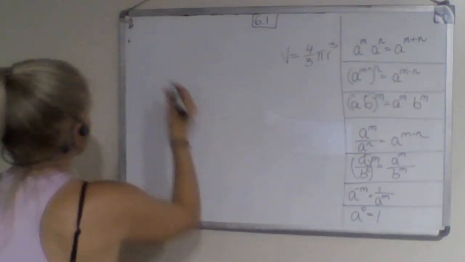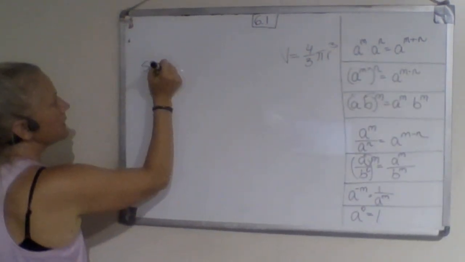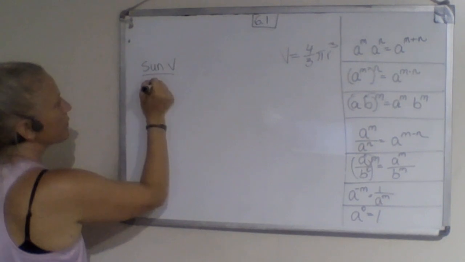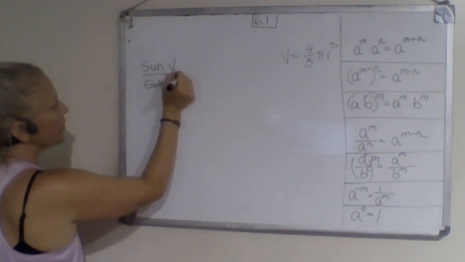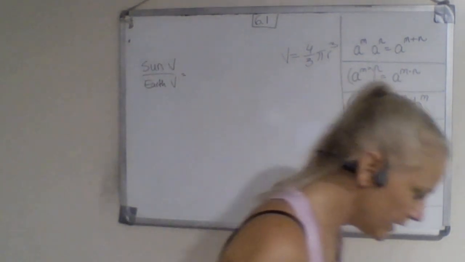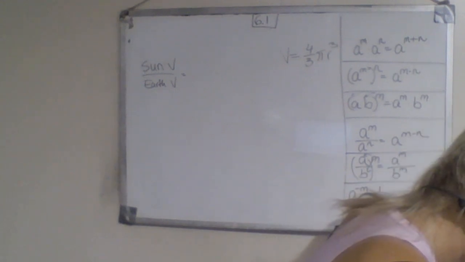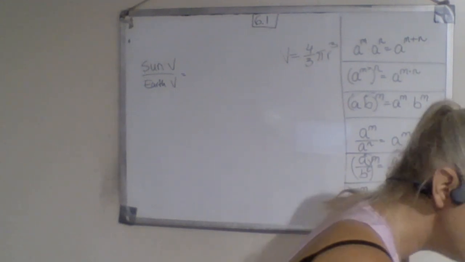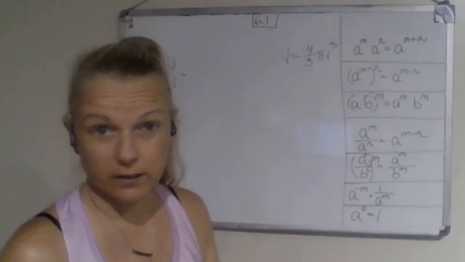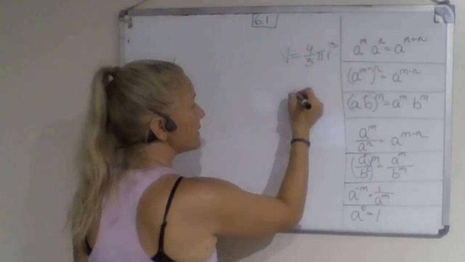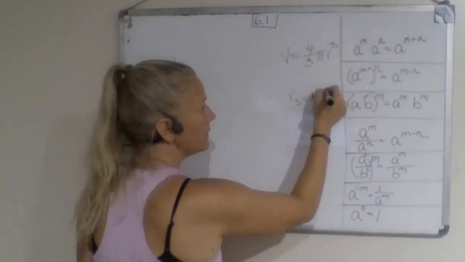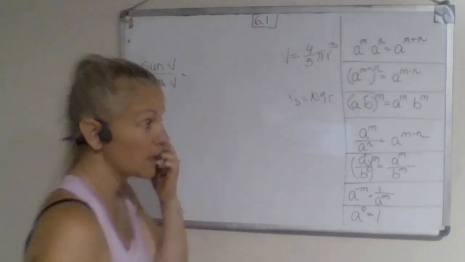So, here's what I know. Sun's volume over Earth volume. Well, what do they tell us first? Here's what we know. We know that the radius of the sun is about 109 times as great as Earth's radius. So, the radius of the sun is 109 radius of the Earth, right? Because it's that much greater.